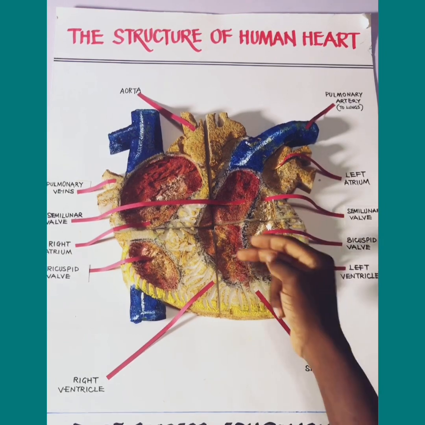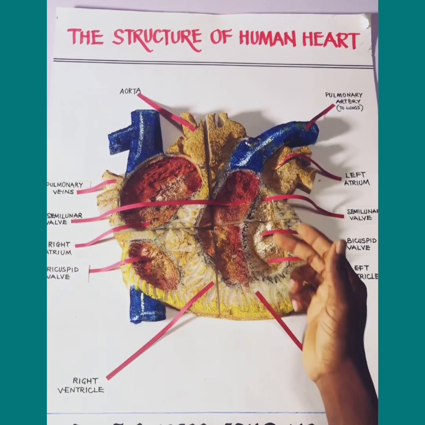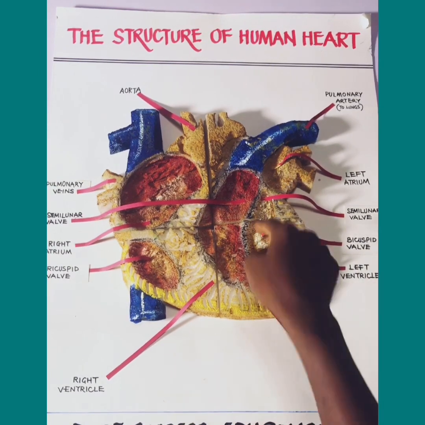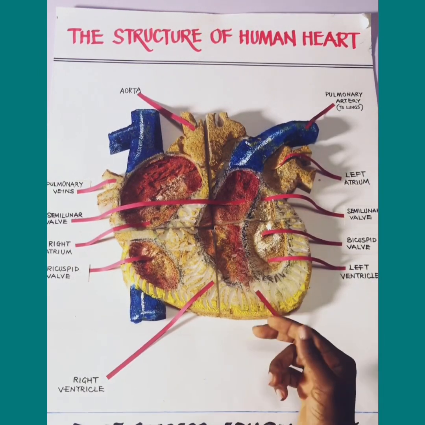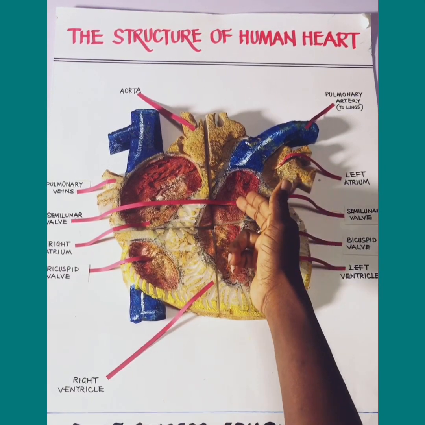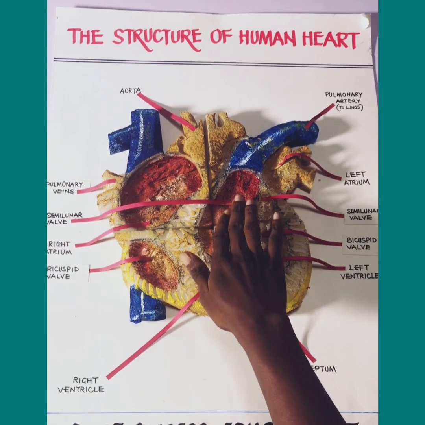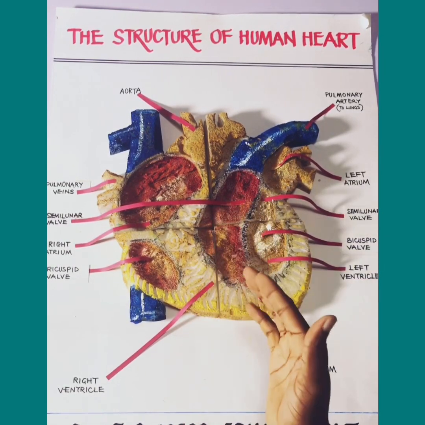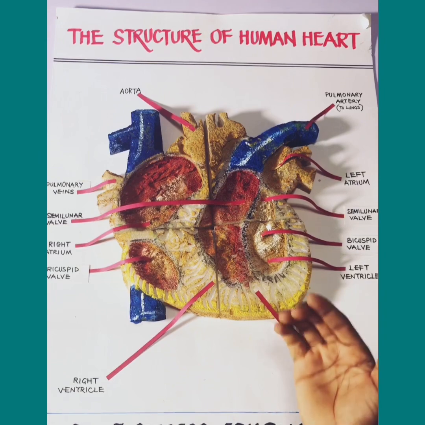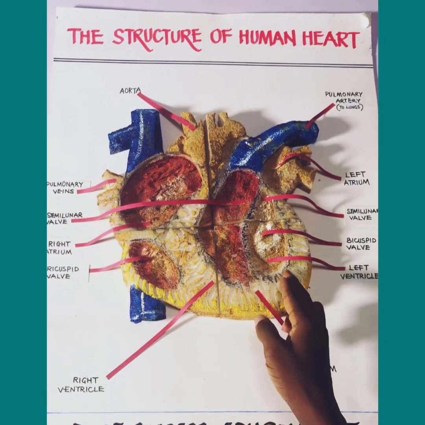But before the blood gets to the aorta, there is a valve also present in between this left ventricle and this aorta. We used to call it the aortic valve, but you can still call it the semilunar valve for the purpose of this explanation. So the semilunar valve is also present here, and it prevents the backflow of blood from this aorta into this left ventricle.